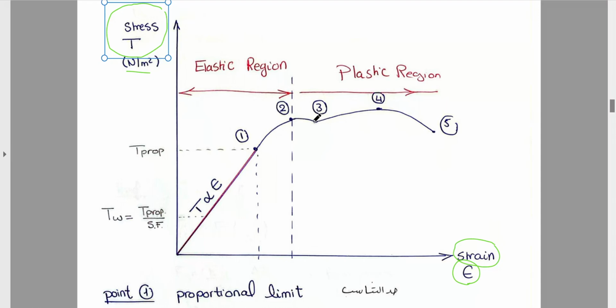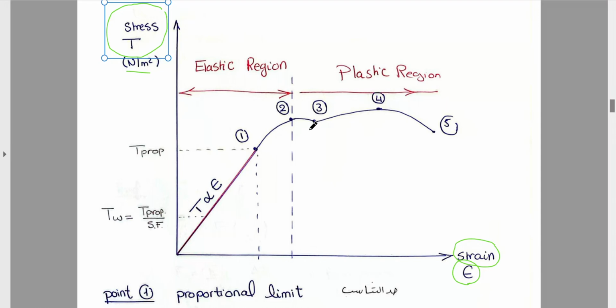As you apply more stress, you will find that the material has an elastic region. You apply stress and the stress-strain curve takes this shape. Point number 3 is called the yielding point. What's the meaning of the yielding point?